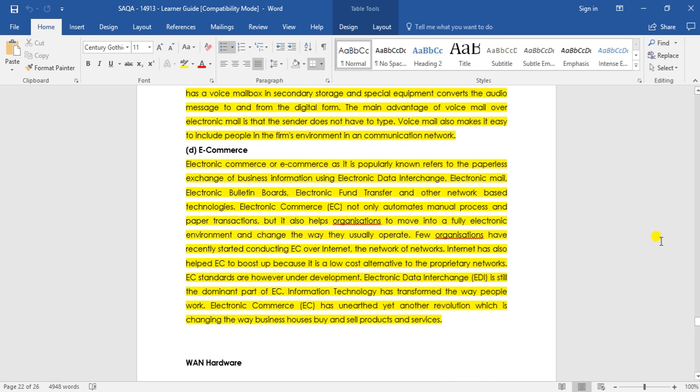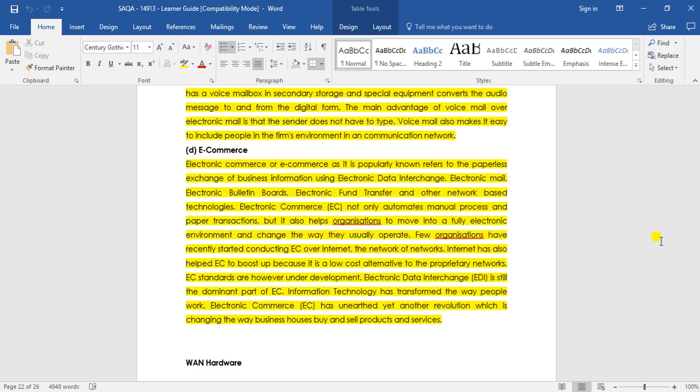We've got EDI and e-commerce. E-commerce, or electronic commerce as it is properly known, refers to the paperless exchange of business information using electronic data interchange, electronic mail, electronic bulletin boards, electronic fund transfer, and other network-based technologies.